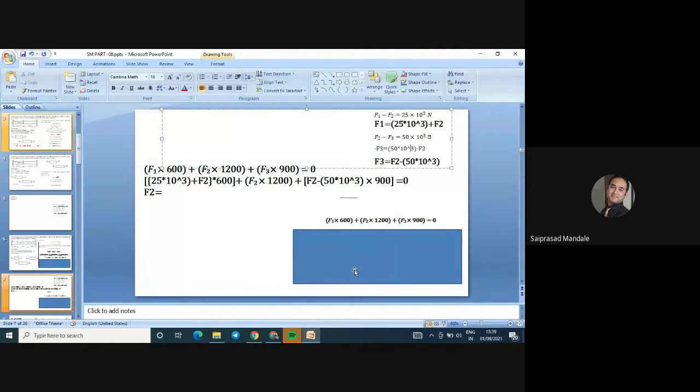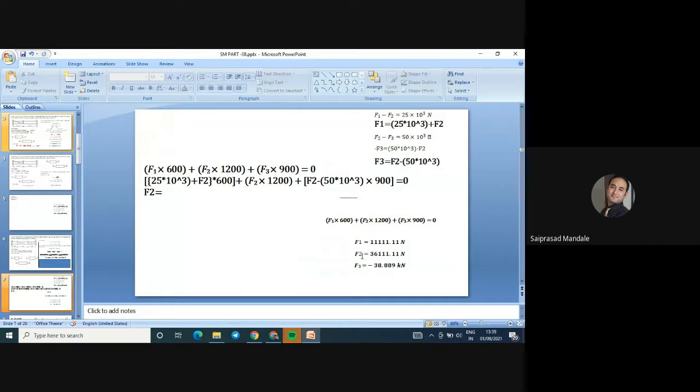Okay, so you just cross check your answers. I have a few answers with me. I guess you will take time, so I'm going to give you the answers. F1 is equal to 36.11 into 10 cube kilonewton, F2 is 36.11 kilonewton and F3 is minus 38.88 kilonewton.